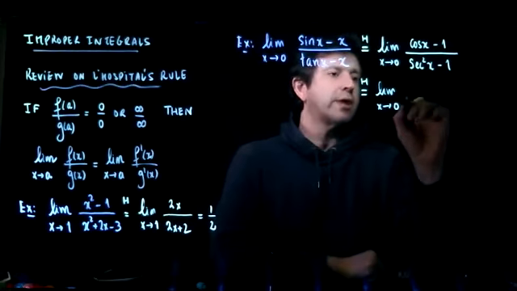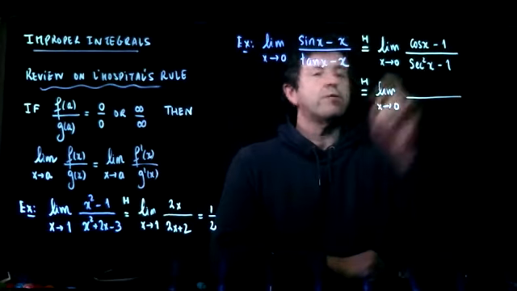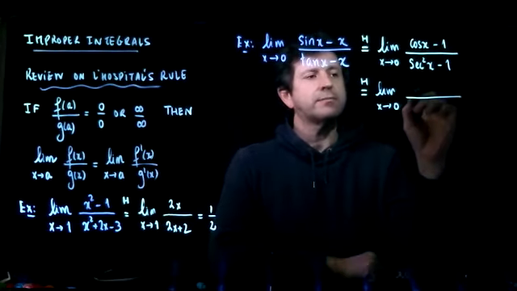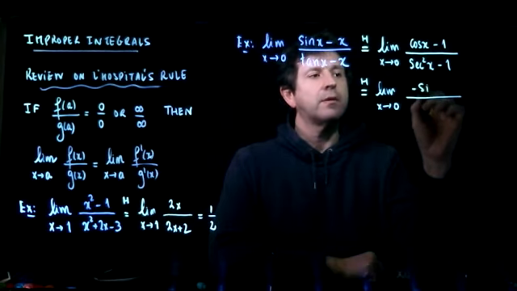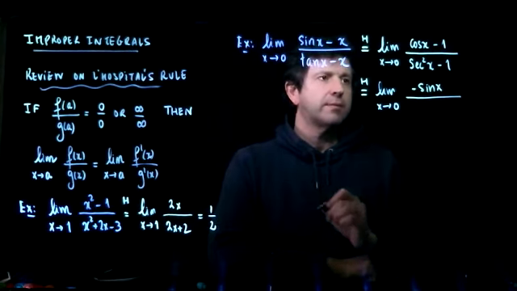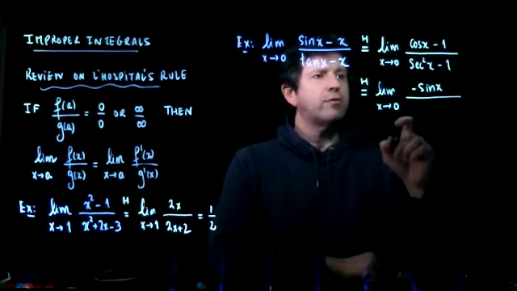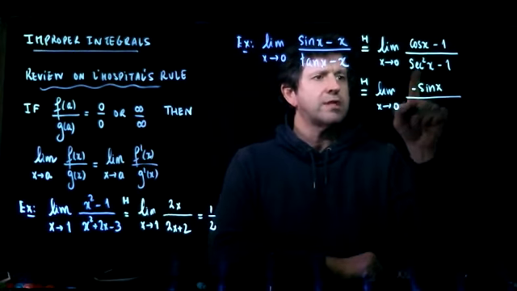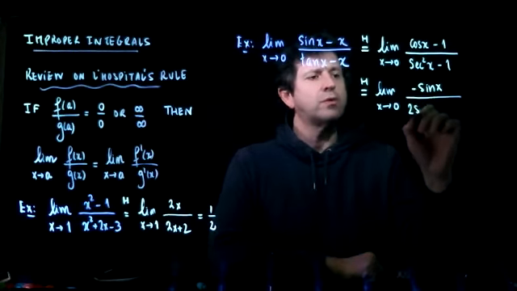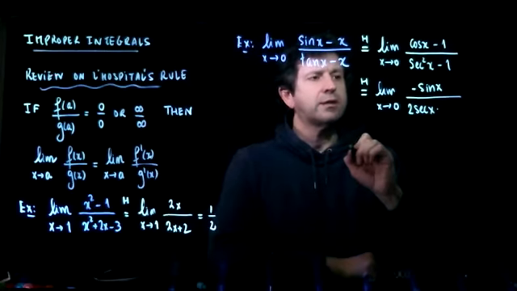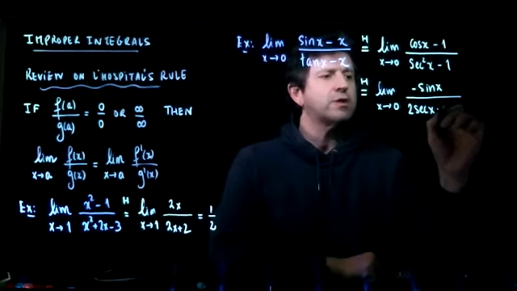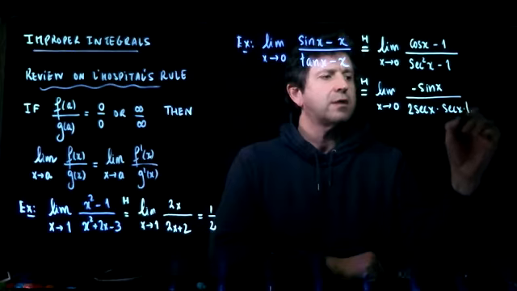Okay, so let's do again the derivative. The derivative of cosine is negative sine. And the derivative of the denominator, secant squared, will be 2 secant times the derivative of secant, which is secant times tangent.